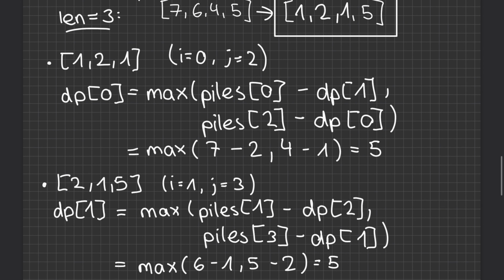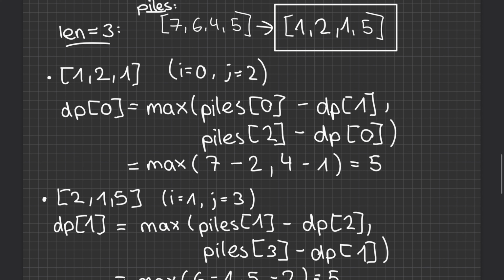And if we do this with the other subarray, we also get an advantage of 5 because she can start with the 6 and Bob picks the 5 and she gets the 4, and therefore she has a total of 10 and Bob has a total of 5, and therefore we have a difference of 5.